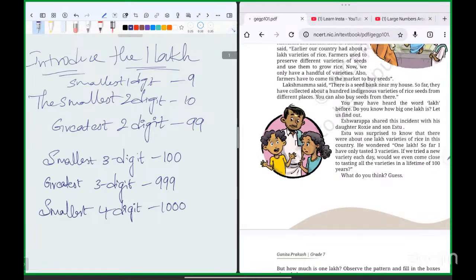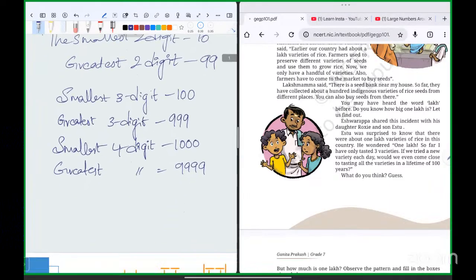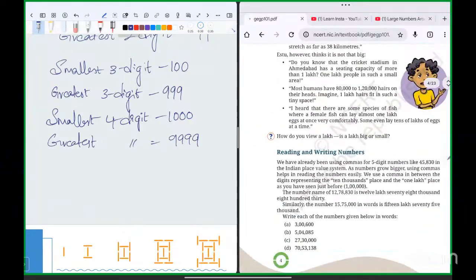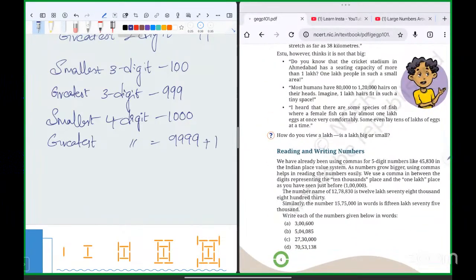Likewise, the greatest four-digit number is 9999. And whenever we add 1 to this 9999, we get the smallest five-digit number, which is 10,000.